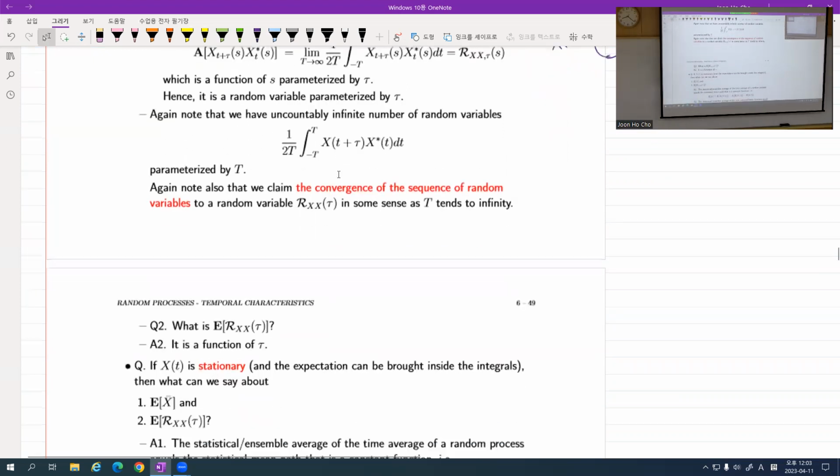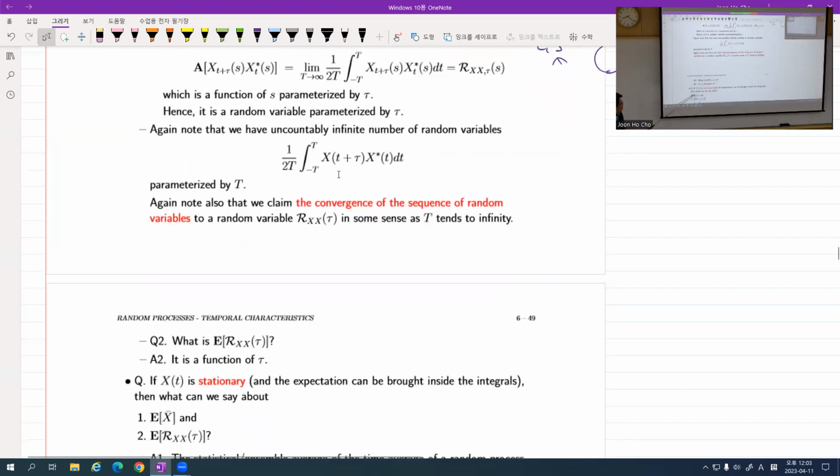Now, I have some questions. Suppose x of t, the random process, is stationary. What was the important motivation of the definition of stationarity? Translation invariance. So wherever you choose as time origin 0, the sample path would be different, right?